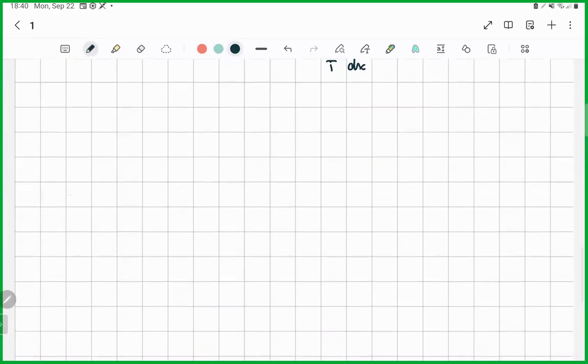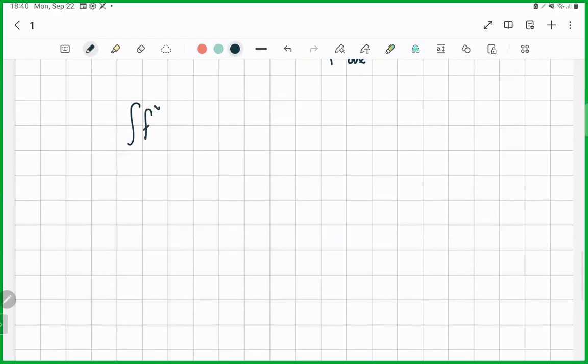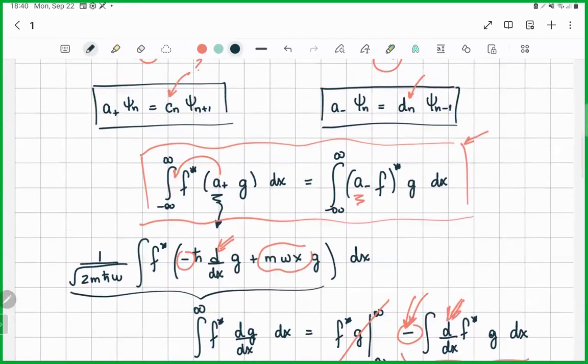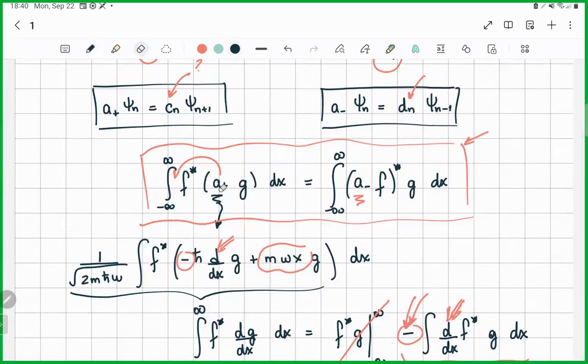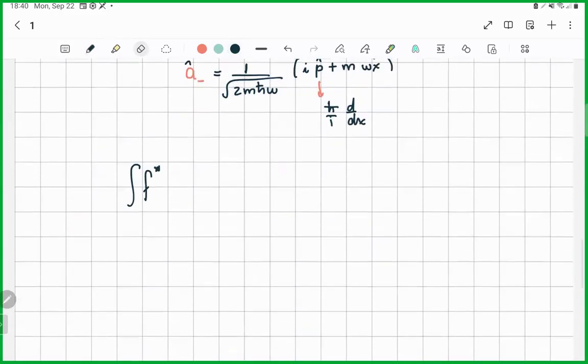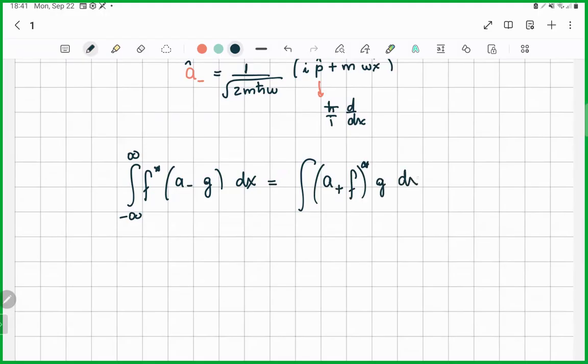If we had instead the function, and instead of having, remember here we had a plus, well, if instead of a plus, I put here a minus g, the procedure is very similar, again integration by parts, and we can show that this is equivalent to the integral, now a plus, acting on this function, everything inside of the complex conjugate, g dx. Okay, so I leave it for you to try to prove this.